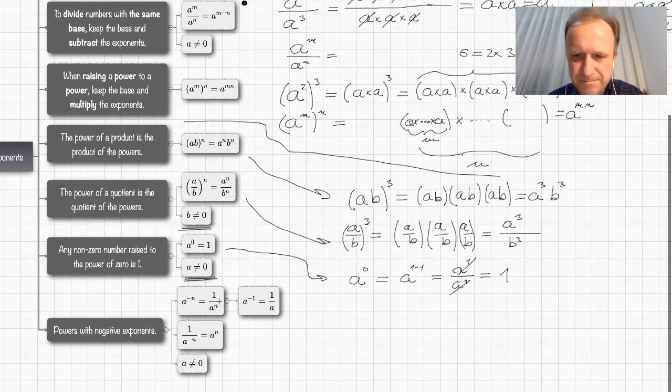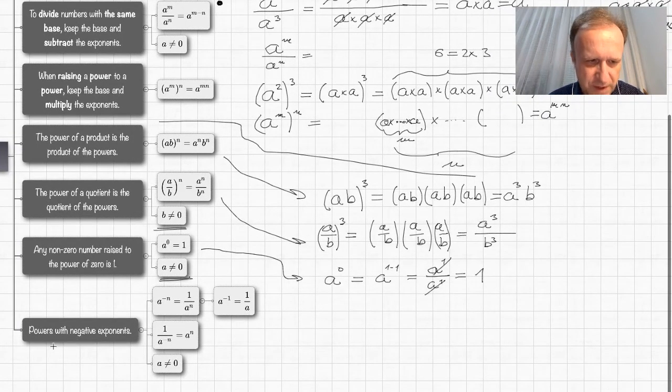Now there is the last one, the power with negative exponent, powers with negative exponents. This is called like this, but it's just my name for this law. It's not an official name. Okay, so we have this law written in two formulae like this, and one particular case of this formula.